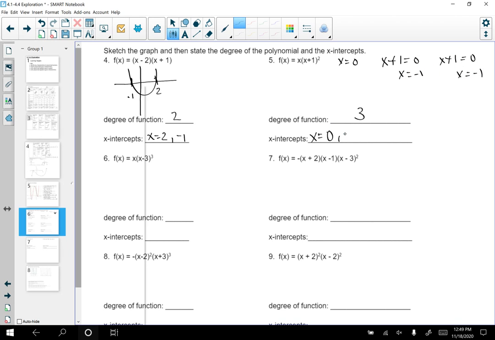So I have 0, and then -1 repeats twice. That'd be -1. Okay, so what happens at a repeated 0? A turning point. And this is an odd degree, so we know it's going to end going up, which means it's going to start going down. So this graph will look something like that.